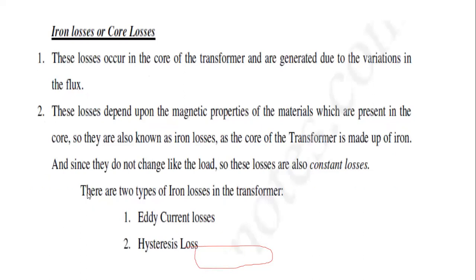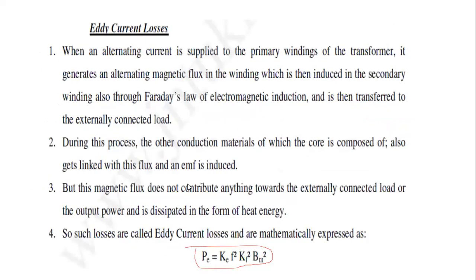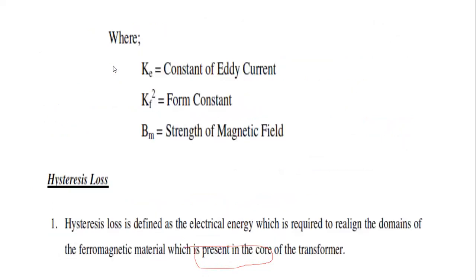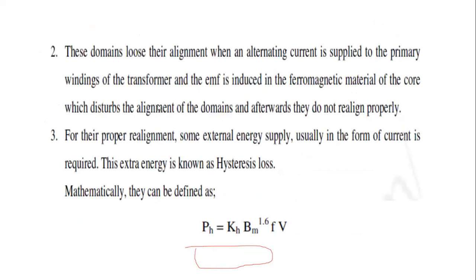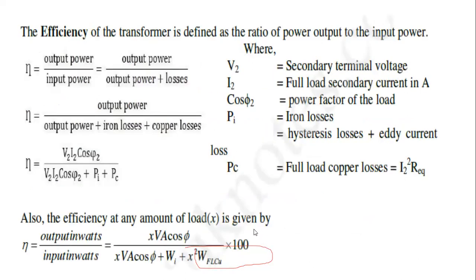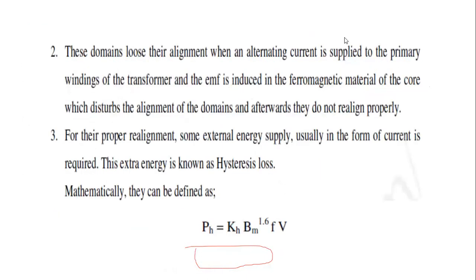The iron losses are obtained due to the magnetic core and are classified into two types, eddy current losses and hysteresis losses. Mathematically, we have formulas for the eddy current and hysteresis losses.